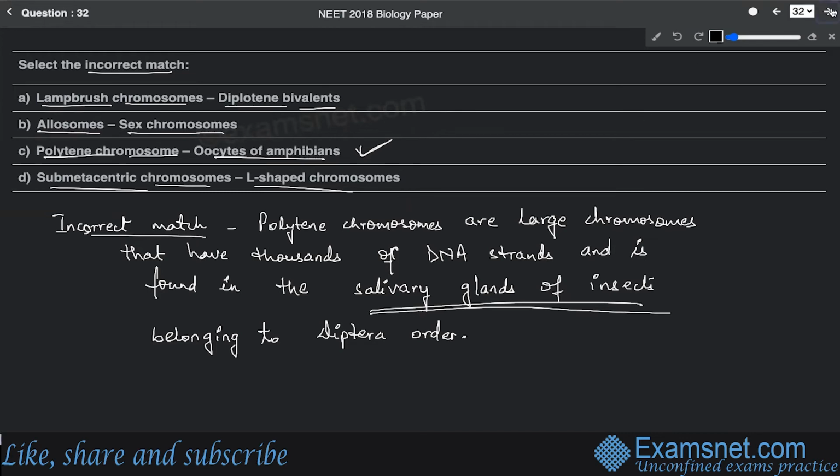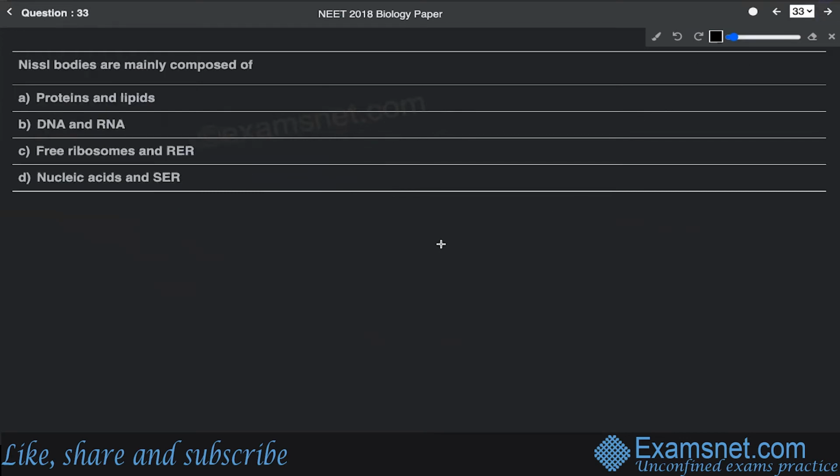Now, question number 33. Question number 33 says that Nissl bodies are mainly composed of proteins and lipids, DNA and RNA, free ribosomes and RER, nucleic acids and SER. All right. Now let me tell you that this question has been asked from the chapter Cell: The Unit of Life from your standard 11.